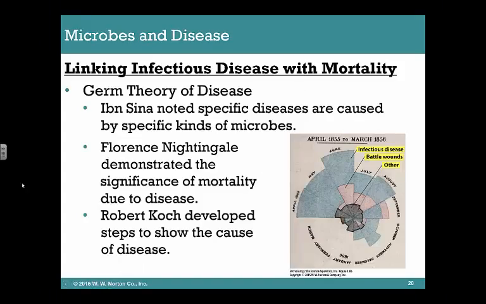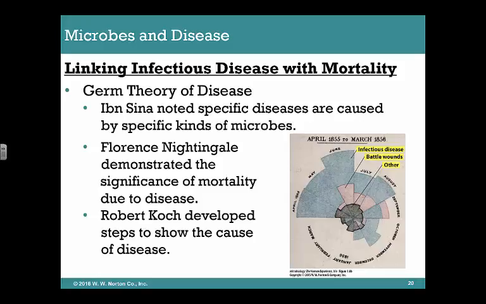Okay, so I wanted to finally move on to the final part of Chapter 1, which is an overview of the course. A lot of what we're going to do in the course is talk about how microorganisms are linked to disease, even though the majority of microorganisms that we know of are harmless to us as humans.